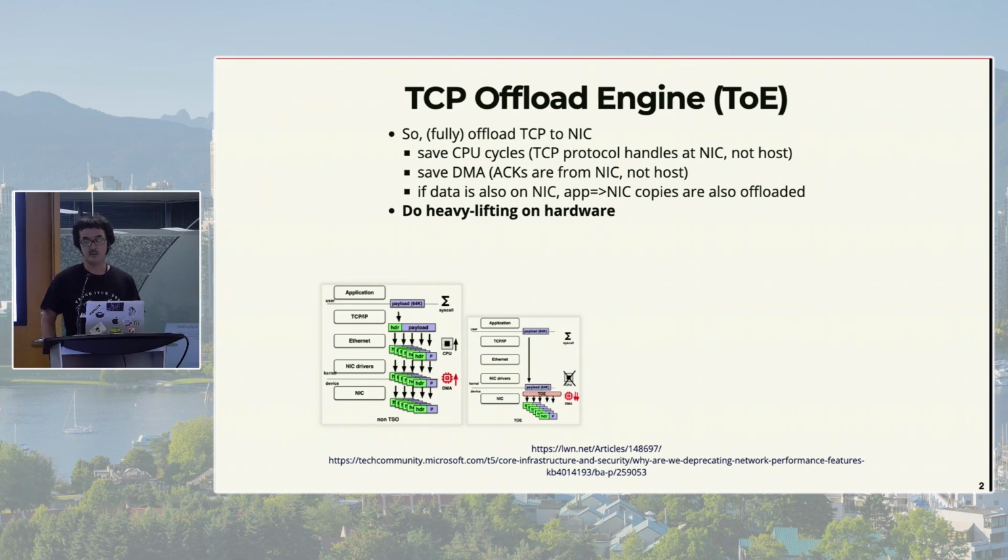But the TCP offload engine, on the other hand, is trying to fully offload the TCP processing from the host operating system to the external devices. Historically, we are focusing on the network interface card for the offloaded devices. And the motivation for this TOE, or TCP offload engine, is to save the CPU cycles from the host operating system and offload those heavy tasks to the NIC.